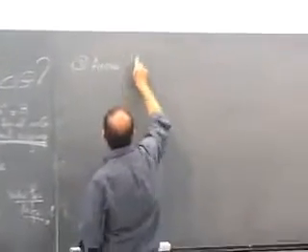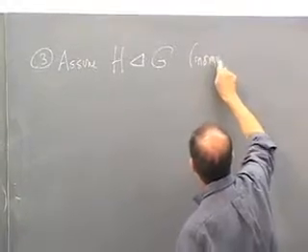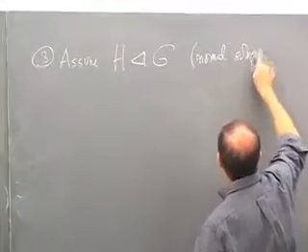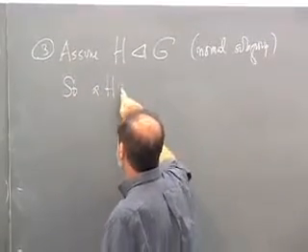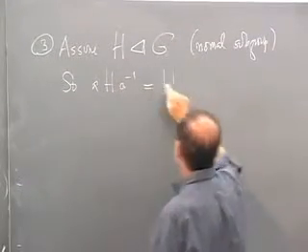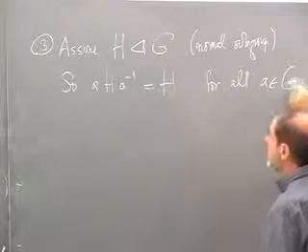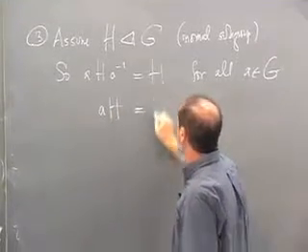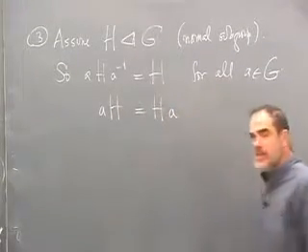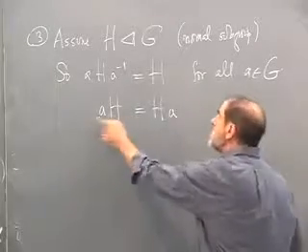Three, assume that H is normal in G. So, A H A inverse is equal to H for all A in G. In other words, we could write this as AH is equal to HA as sets.